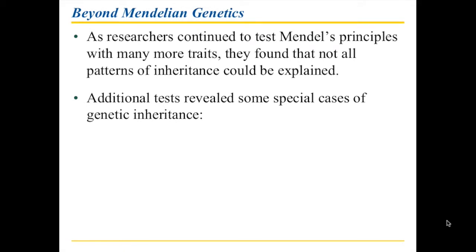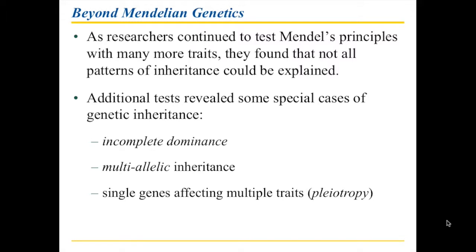In fact, there are 4 of them that have to do with the genetics and one additional one that has nothing to do with genetics. And these 4 are incomplete dominance, multi-allelic inheritance, pleiotropy, where a single gene affects several aspects of an individual, and the reverse of this, polygenic inheritance, where multiple genes affect a single trait.